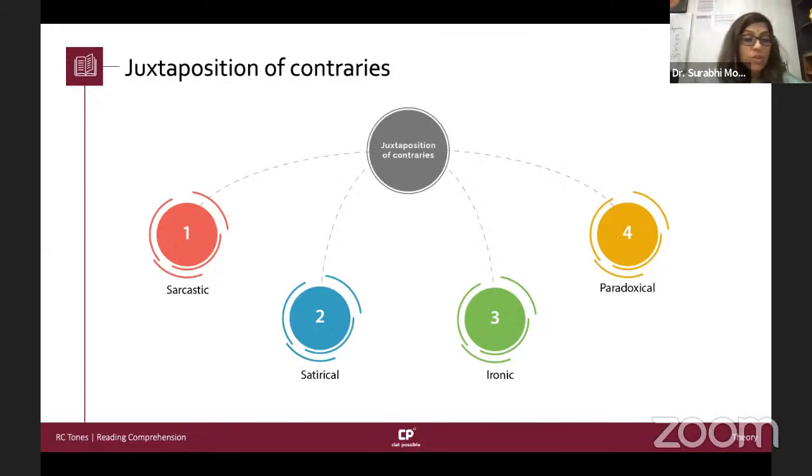In this, the first one is sarcastic. Sarcastic is a tone in one dialogue or one line where the author who says the dialogue does not mean it. I hope you understand that. So if you say that, oh God, you're very bright, sarcastically, that means the person you are calling bright is bright or not bright. Yes.